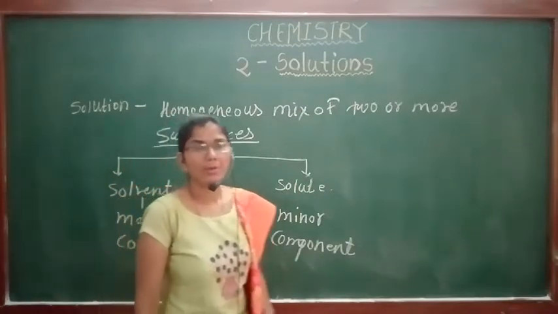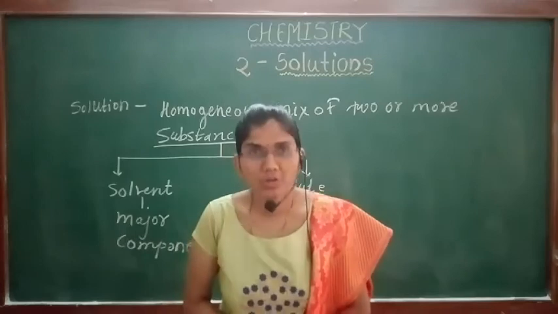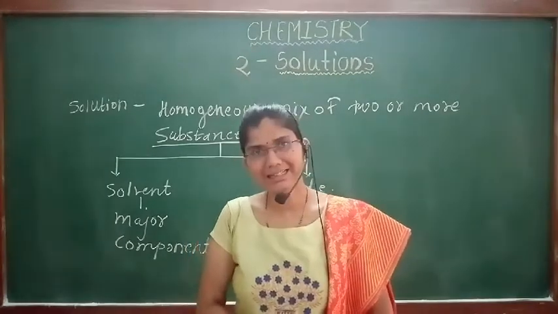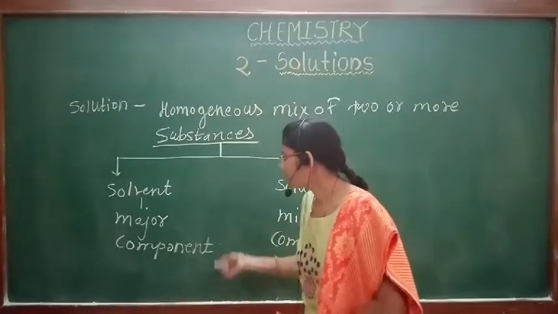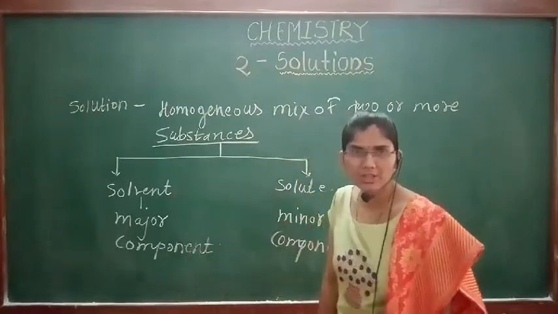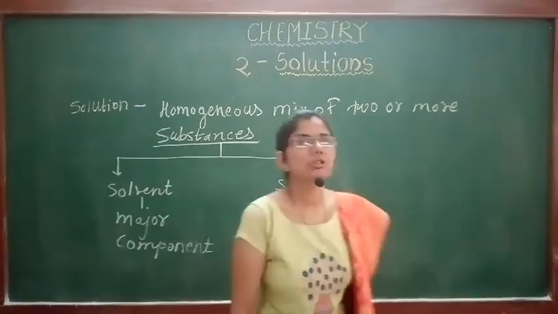So from the solute and solvent, a solution is formed. In that, a solvent constitutes the major component of the solution, and a solute is the minor component of the solution.